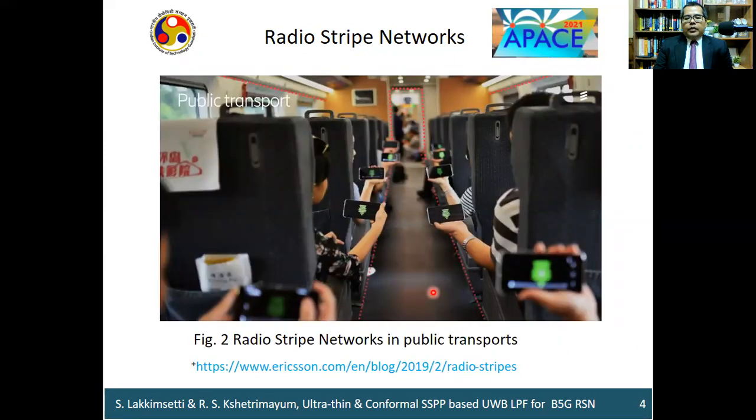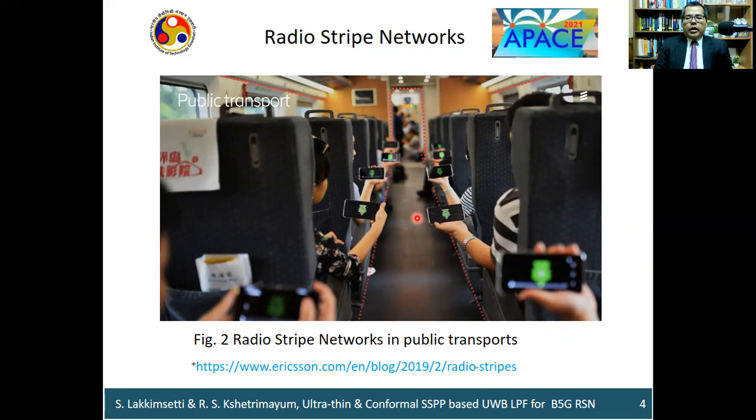The first example is radio strip network application in public transport. In public transport, you can see that there are many passengers holding mobile phones, doing some kind of communication, and there will be huge traffic here.